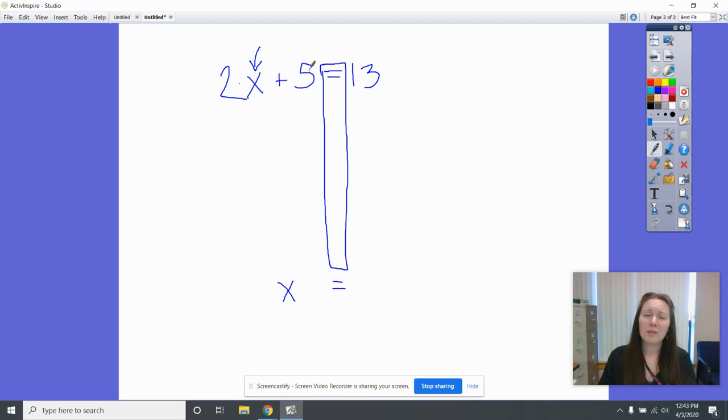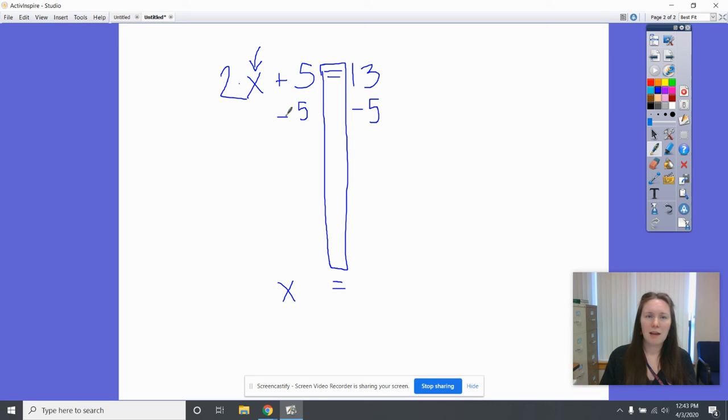So we need to get rid of this plus 5 first. And yes, it has to be in that order. So the opposite of a plus 5 is a minus 5 because we're trying to get rid of a plus 5. So the way we get rid of a plus 5 is to subtract 5. And if I do it on one side, I have to subtract 5 on the other side of my wall.